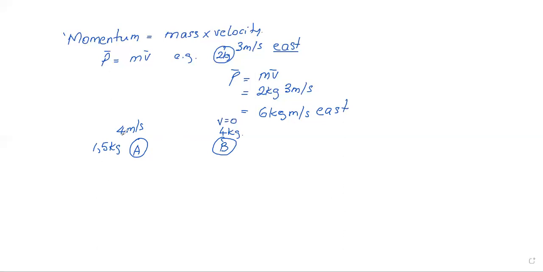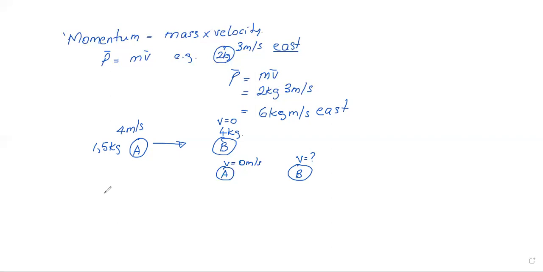Now, object A moves easterly, approaches stationary object B. Object A collides against B, and object A remains stationary. Object B is set into motion with an unknown velocity. Now, the question is, what is the velocity of object B, which was initially at rest?